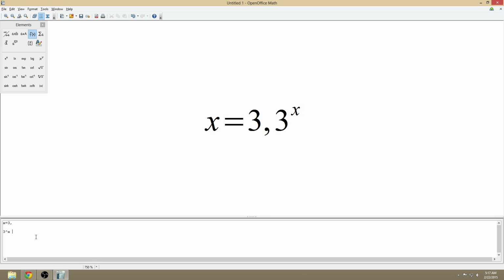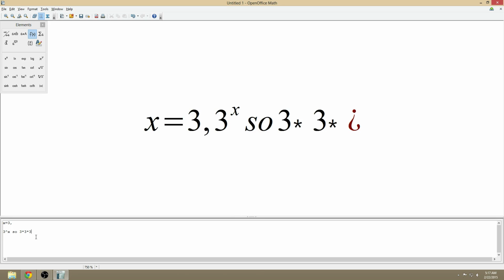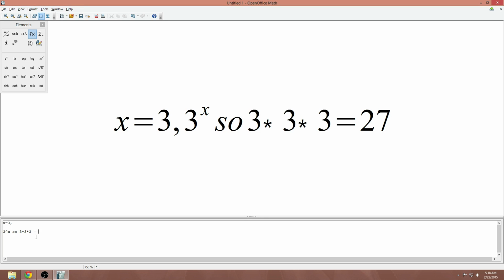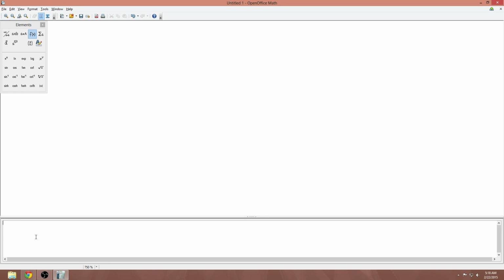So it would be 3 times 3 times 3, which is equal to 27, which can also be used for any sort of combination of numbers, such as 5 to the second is 5 times 5, which is also equal to 25.